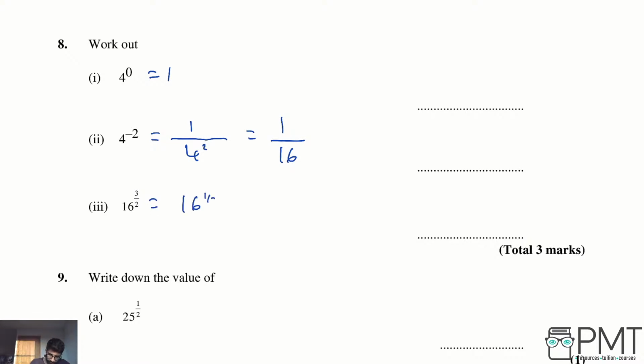So you have got 16 to the half, cubed. Always do the root first. So this time it's the square root. So that's going to be 4 cubed, which is 64.